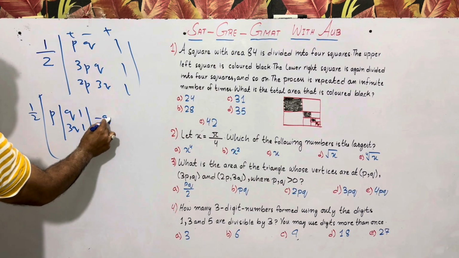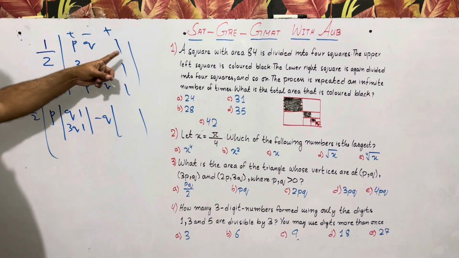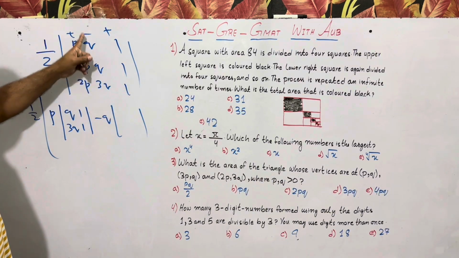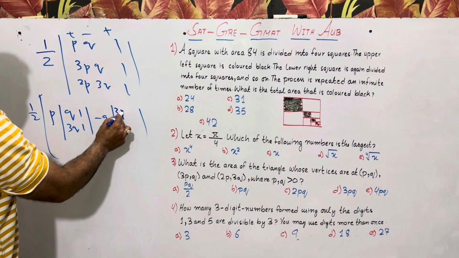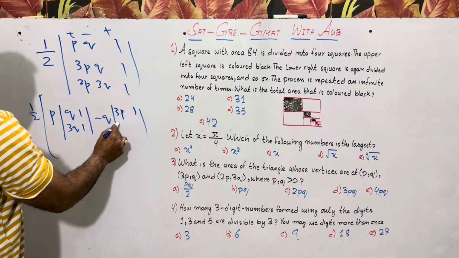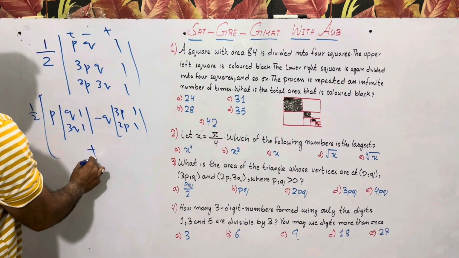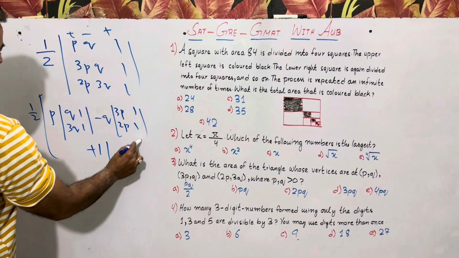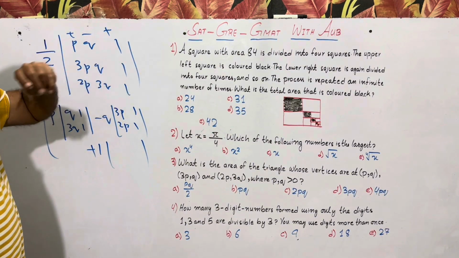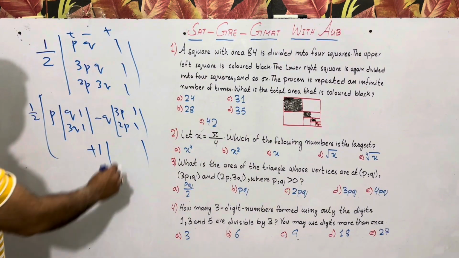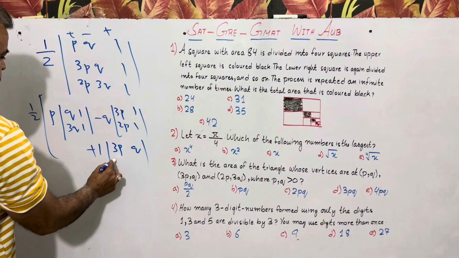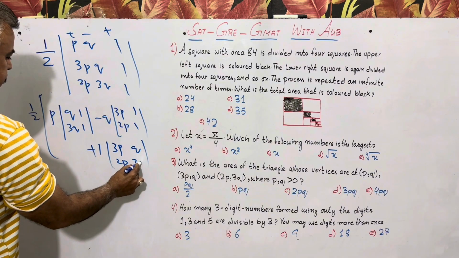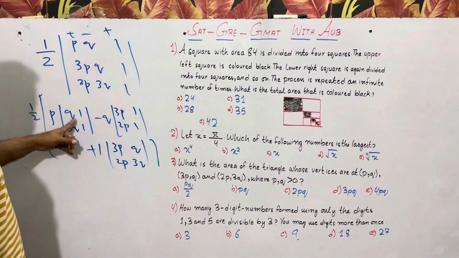Second, negative q: excluding the same row and now the second column, we have a 2 by 2 determinant, 3p 1 and 2p 1. Plus 1: deleting the same row and the third column, we have a 2 by 2 determinant left, 3p q, 2p 3q.